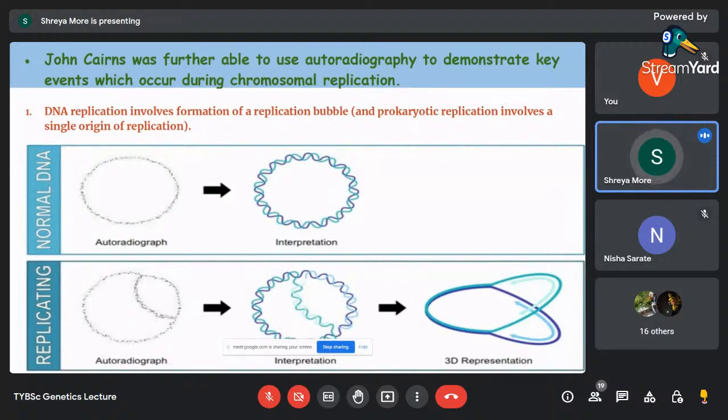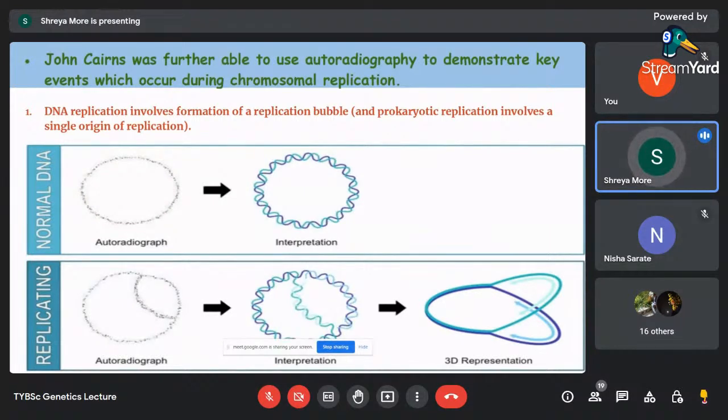In order for this to occur, DNA must be separated by an enzyme known as helicase, like a zipper that has unzipped in the middle. The separated DNA strands form a little open bubble. So this was the replication bubble. So what is a replication bubble? It is a structure formed by the separation of two DNA strands by the helicase enzyme.